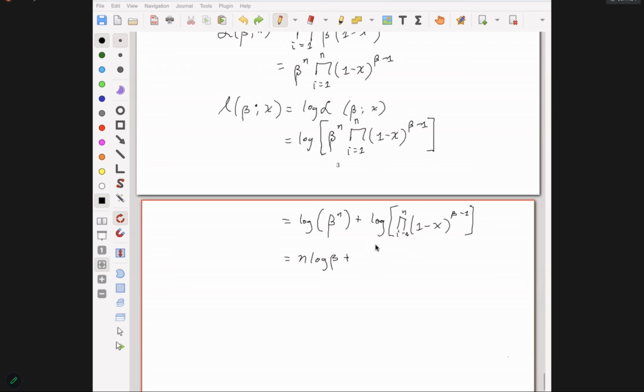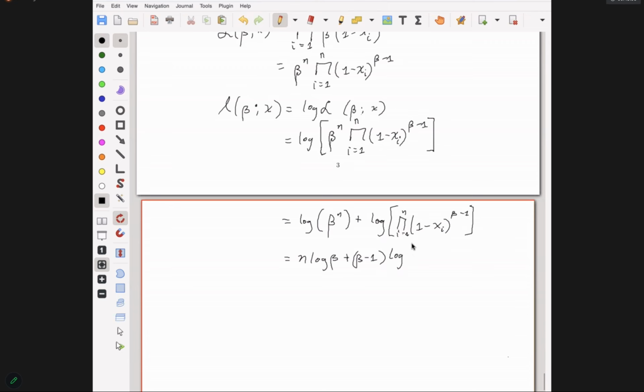These should be xi's here, sorry. We can bring beta minus 1 to the front. And then what else can we do to it? Then we have 1 minus x.